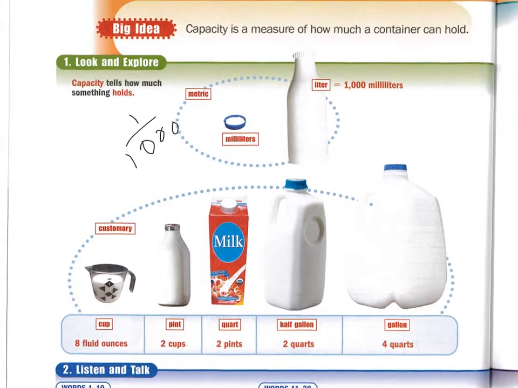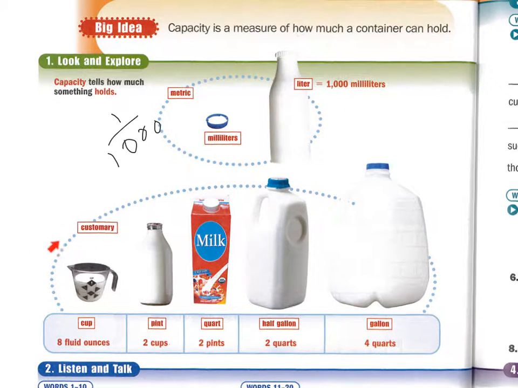Okay, our customary, our English system: cup, pint, quart, half gallon, gallon. So a cup of milk is 8 fluid ounces. A pint is 2 cups. So how many ounces? 2 times 8, so 16 ounces.